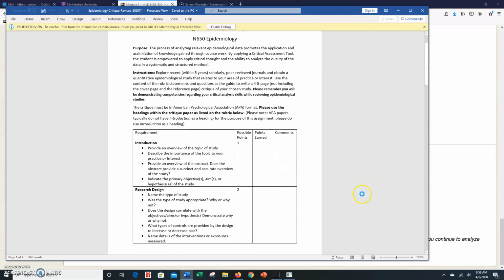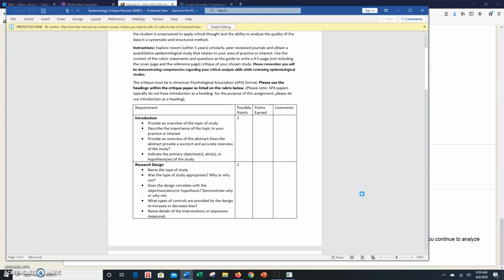So with that being said, we're going to start out, and I know that standard format in APA does not include a heading that says introduction, but for the purpose of this paper, we're going to use introduction as a heading.